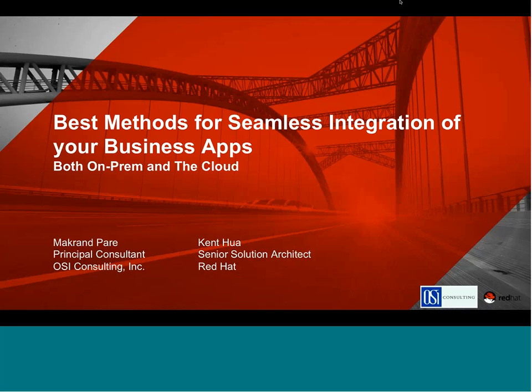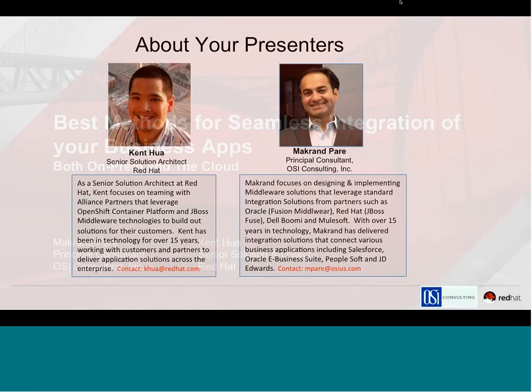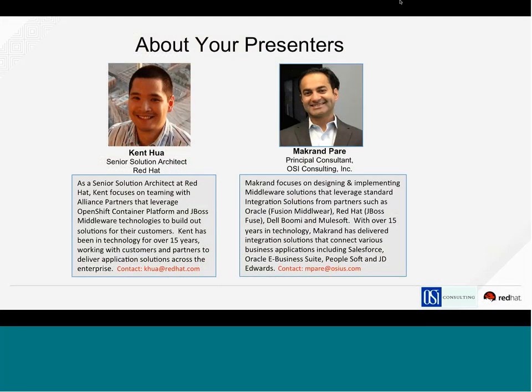Our speakers today are Kent Hua, a solutions architect from Red Hat, and Makrand Pare with OSI Consulting. I'm going to give you a little background on their bios here. Kent is a senior solution architect at Red Hat.